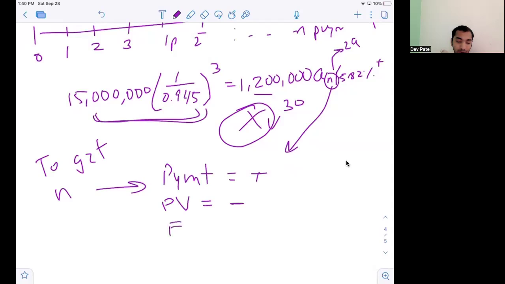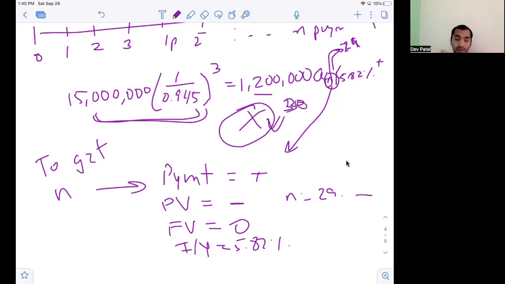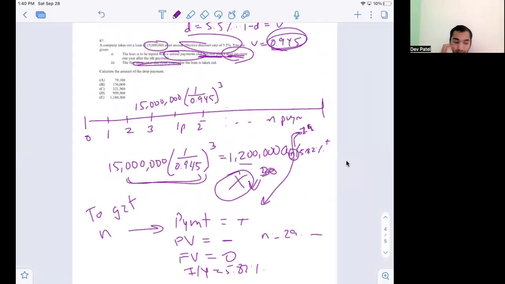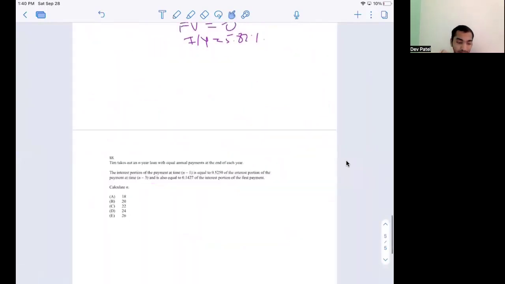And then our future value in this case is going to be 0. Then we insert our i, 5.82%, and we get our n to be around 29 point something. Then our v is 30, because we're making that drop payment at the 30th payment. And yeah, that's how we solve question 87.